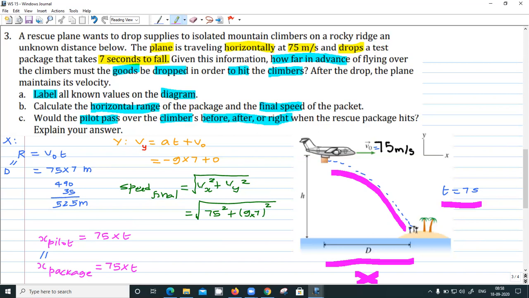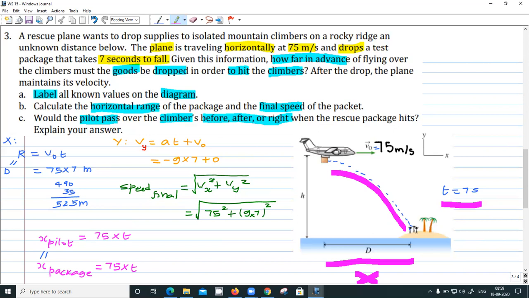Okay, so then when you do that, you get 101.6.